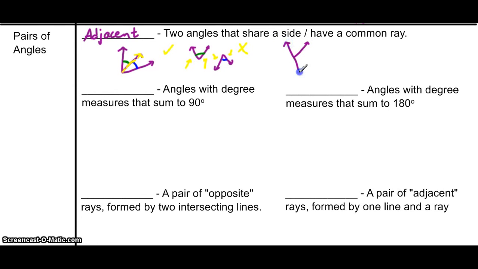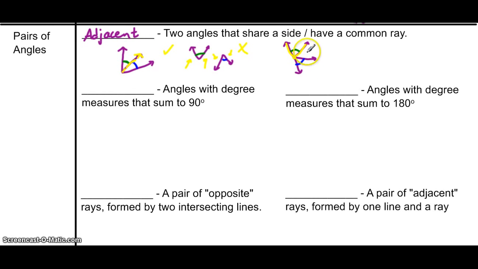Imagine you've got one angle here and another angle here, and I'll label the first one in green and the second one in blue just like I did before. Now you might say these angles are adjacent because they have the same vertex, the same point right here, but these are not adjacent because this green angle has its own set of rays and this blue angle has its own set of rays for sides, and they do not share any of the same rays.